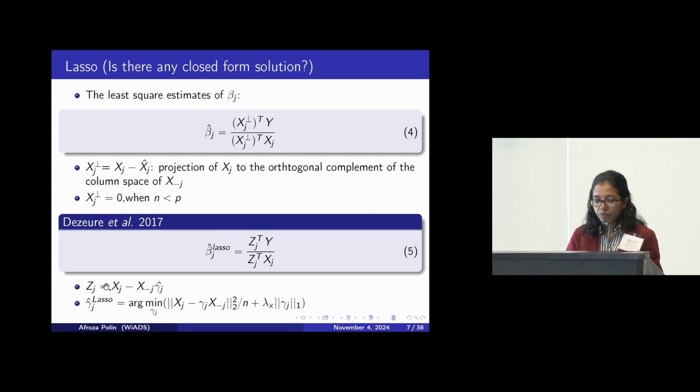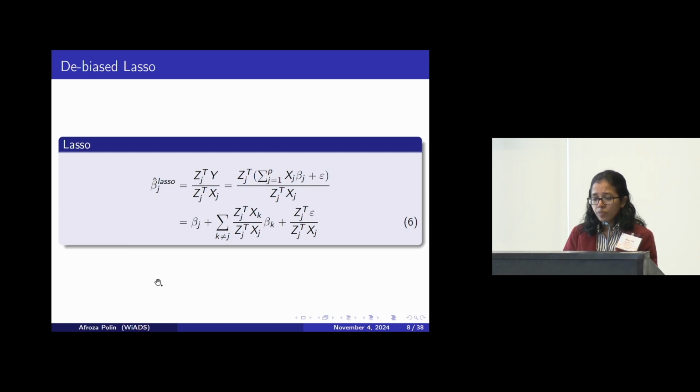Because it creates a zero column, we can subtract this one from the original value minus the predicted value. And then this is the lasso estimate in terms of that orthogonal projection.